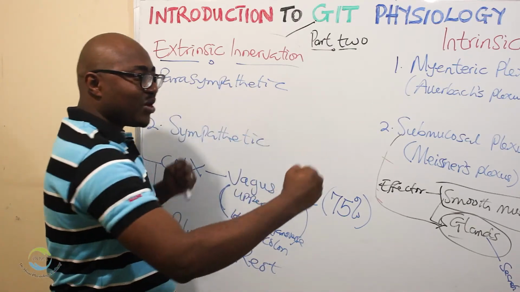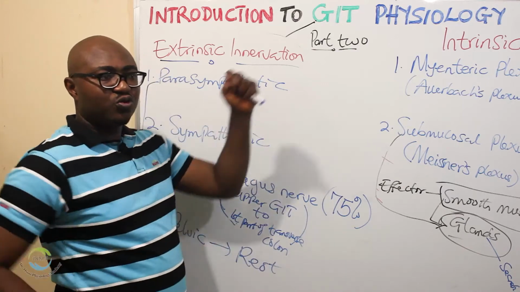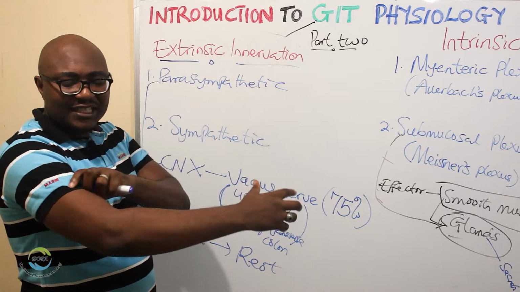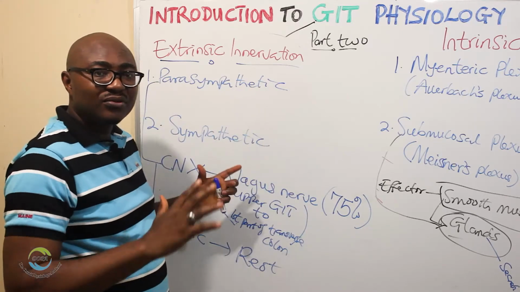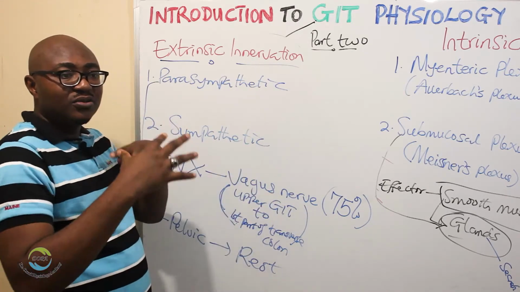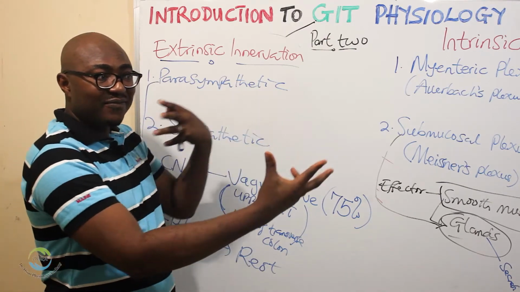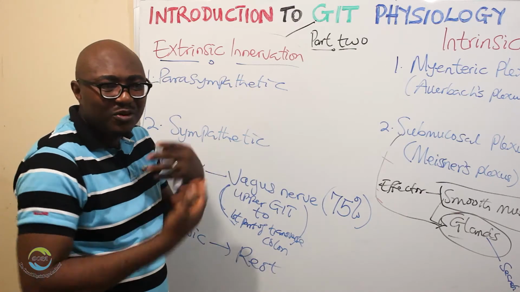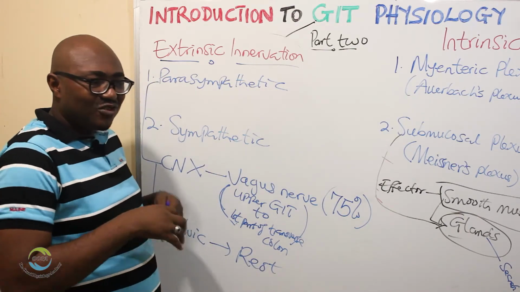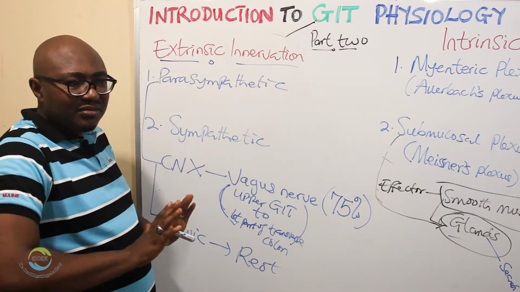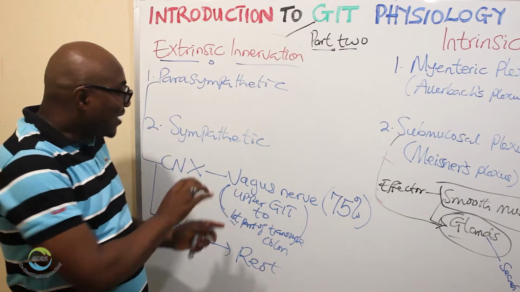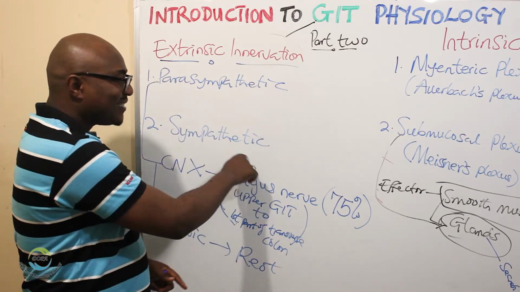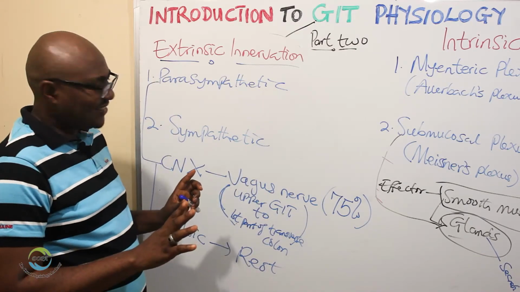When you are trying to fight or to run, at that moment, what you need is energy in your skeletal muscles. So it places priority on those areas that will enable you to fight well and run well. At that moment, you don't need food to be digesting, your intestines to be working and moving. It's not a priority at that moment. So that's why you can easily use this understanding to remember that the sympathetic inhibits the GIT.